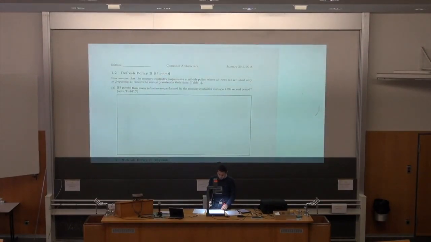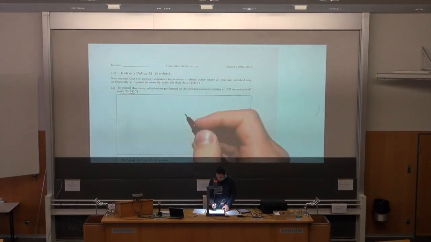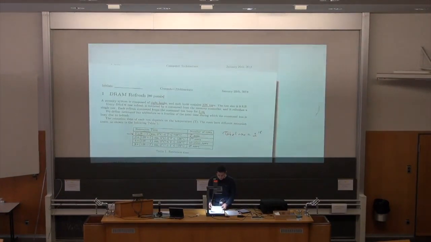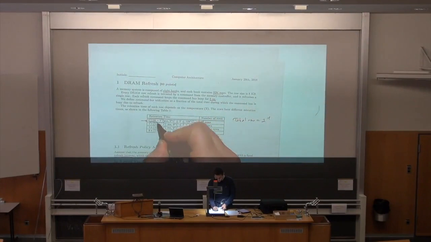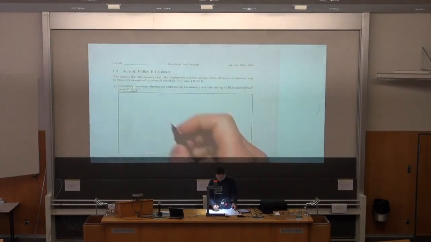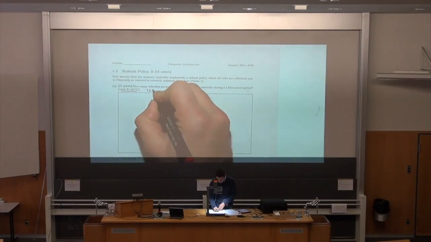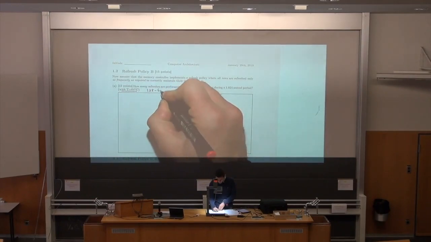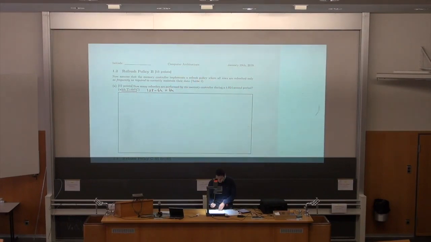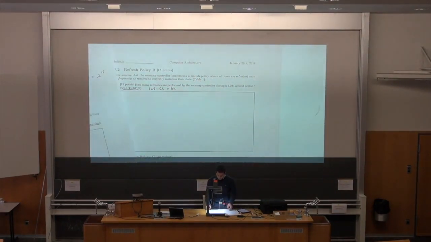We are given a temperature which is 64, and let's directly calculate the retention time for this one, because the rest of them will be just the multiplication of the first row. So it will basically be 128 minus 64, and the retention time will be 64 milliseconds.